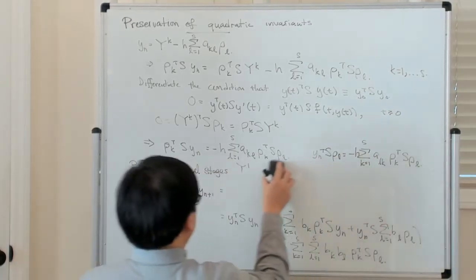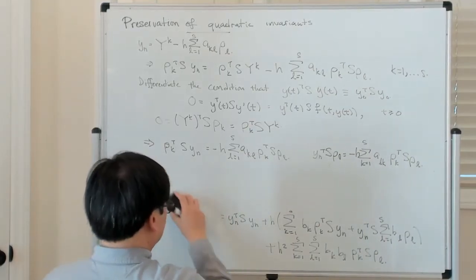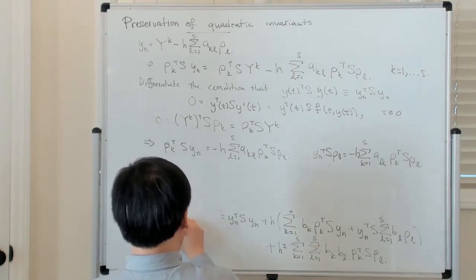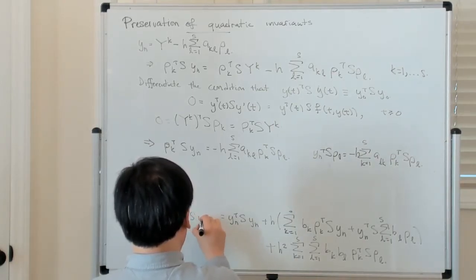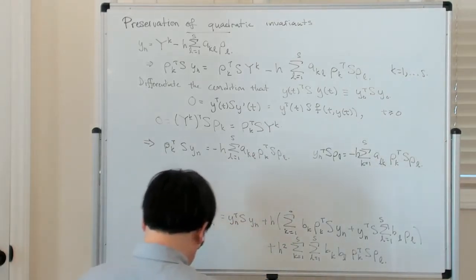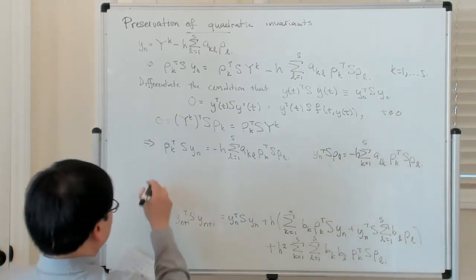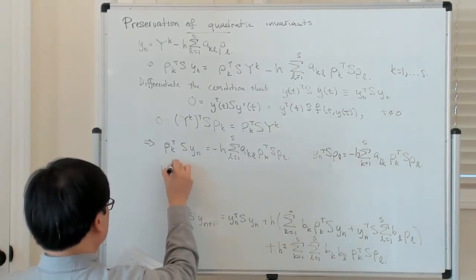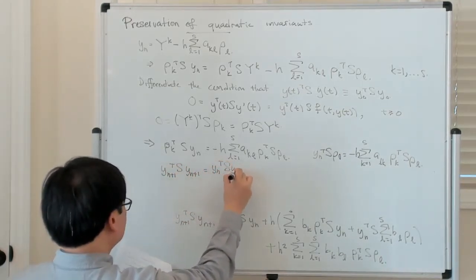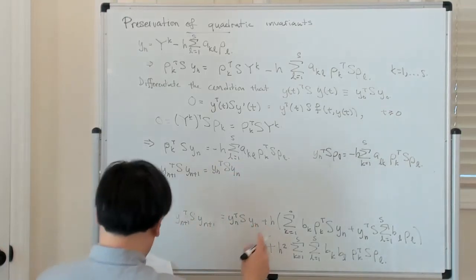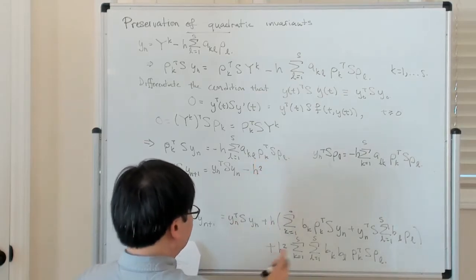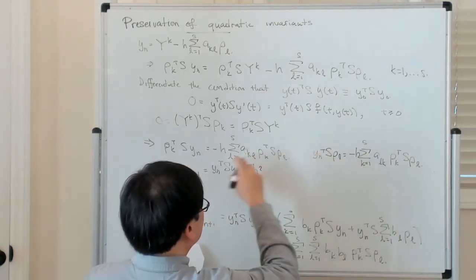So let me try to erase this for now. This was the condition that yn plus 1 transpose S yn plus 1 is this. So I'm going to leave this here and copy it out. So yn plus 1 transpose S yn plus 1 is equal to yn transpose S yn plus these terms, so minus h squared, because I'm replacing these terms with these two.